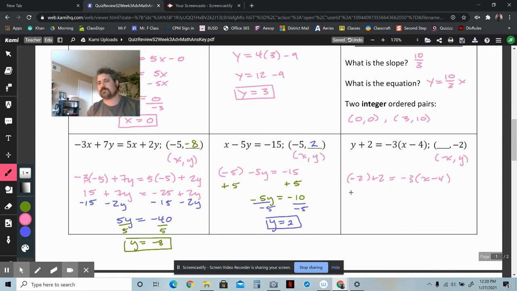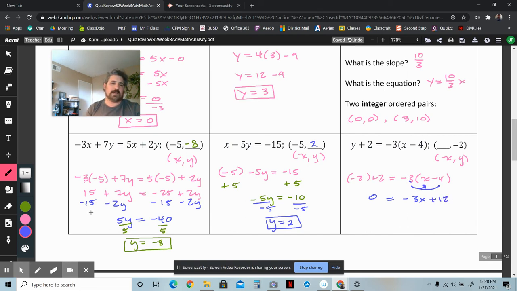Now we don't know what x is, but we know the y is negative 2. So the next thing you're going to do is distribute that negative 3 through the parentheses. So when you distribute the negative 3 through the parentheses, you get negative 2 plus 2, which is really just 0, right? 0 is equal to negative 3x, because negative 3 times x is negative 3x. And then negative 3 times negative 4 is positive 12.